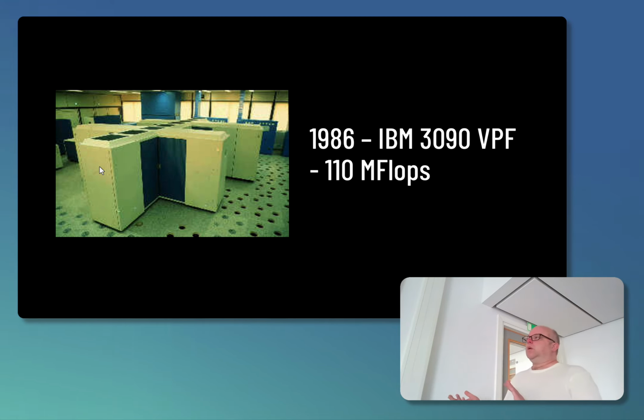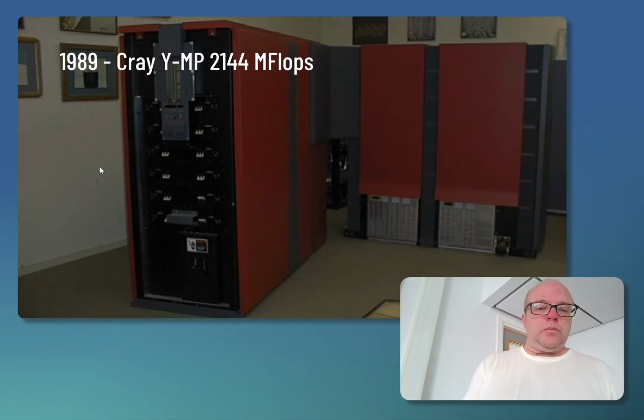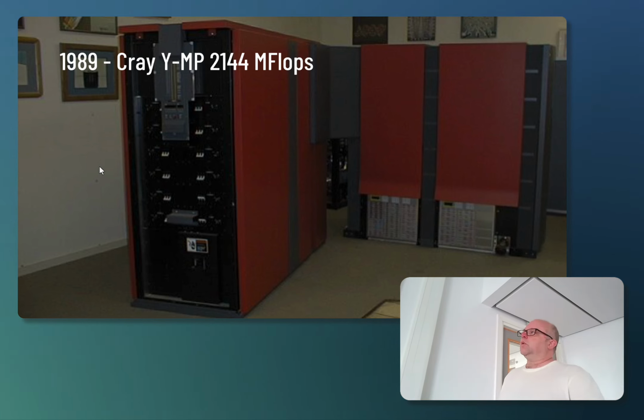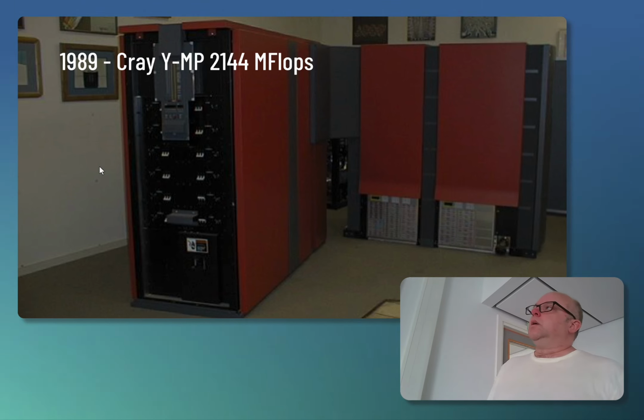So it was a parallel vector machine. 110 megaflops. Now we are getting into PC territory. In 1989 we got the Cray Y-MP. It was 2,144 megaflops, or 2.1 gigaflops.